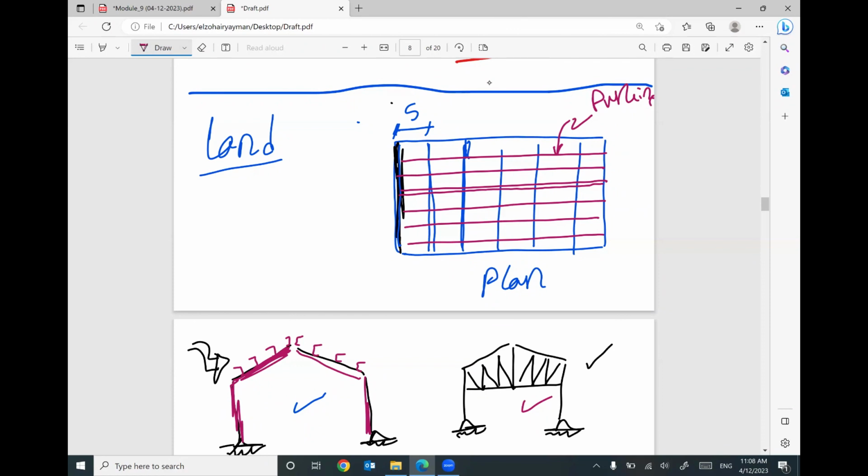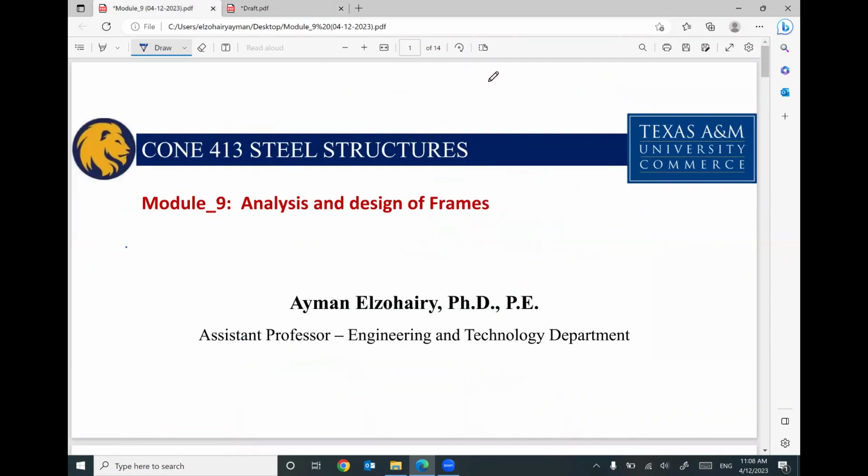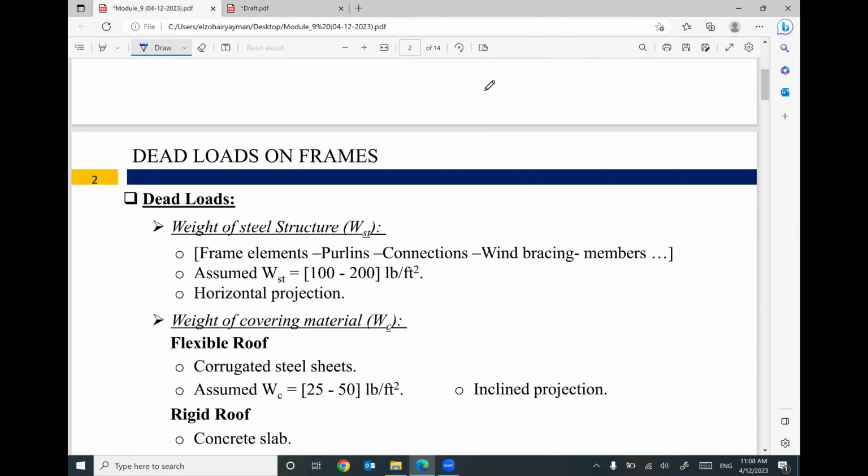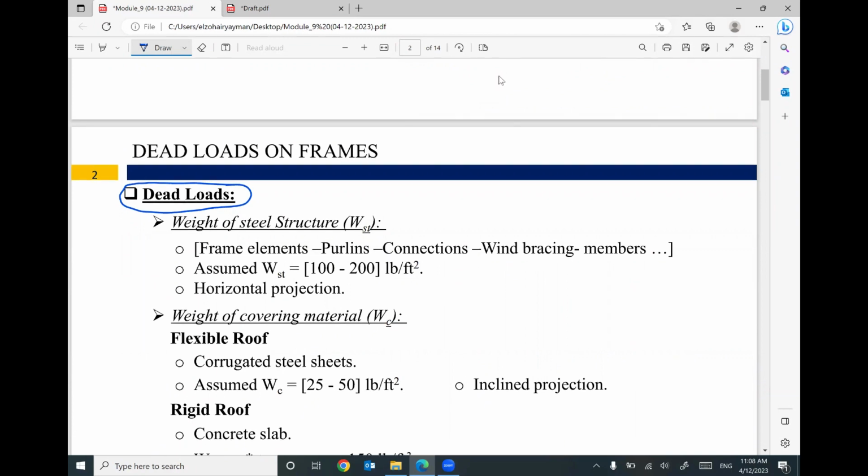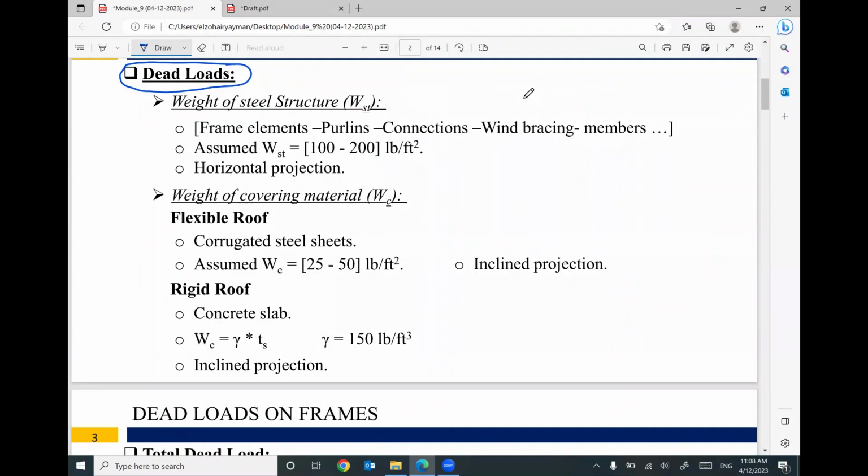As you remember from the truss analysis, the first step is loading. I will start with the dead load. Please pay attention. You will find something that is not new, but a little new.